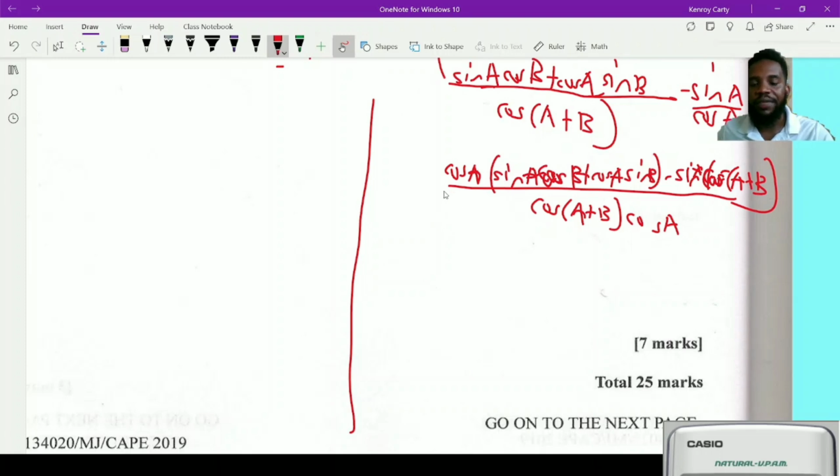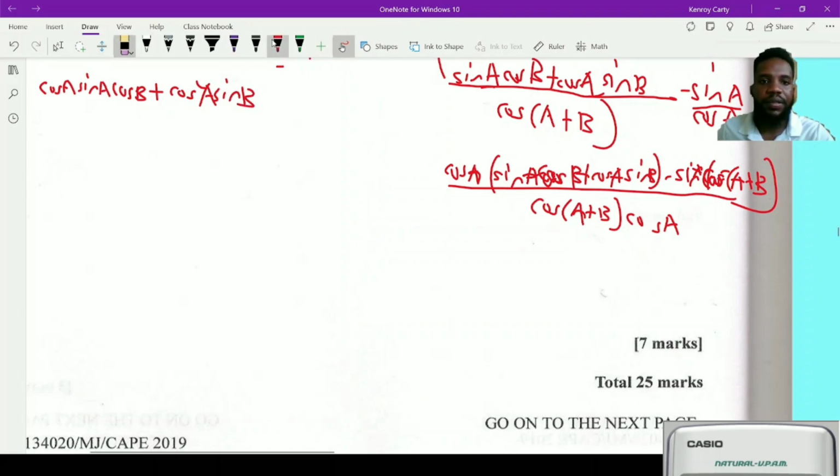Clearly, if I'm going to simplify this, I'm going to have to re-expand this. If I expand the top there, I'm going to have cos A sine A cos B plus cos A times this, which gives me cos squared A sine B. Good. Let me create some space here. Clearly, for this to work out, I also need to expand this.